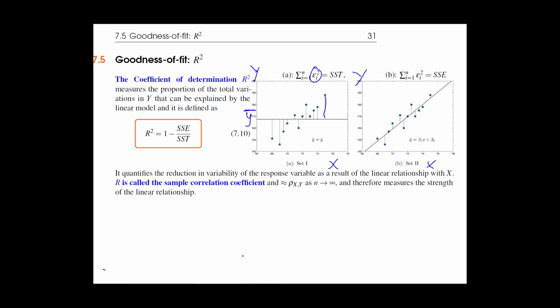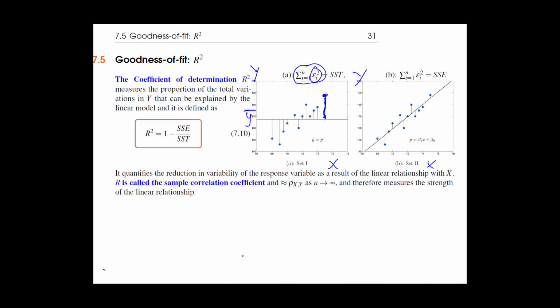And we're going to call it SST, total sum of squares. It's from the data point to the line y equals y bar. Again, it represents a situation without a model. So that's your estimation of the variance of y, right? The sum of these squares is the variance of y: deviations from the mean squared.